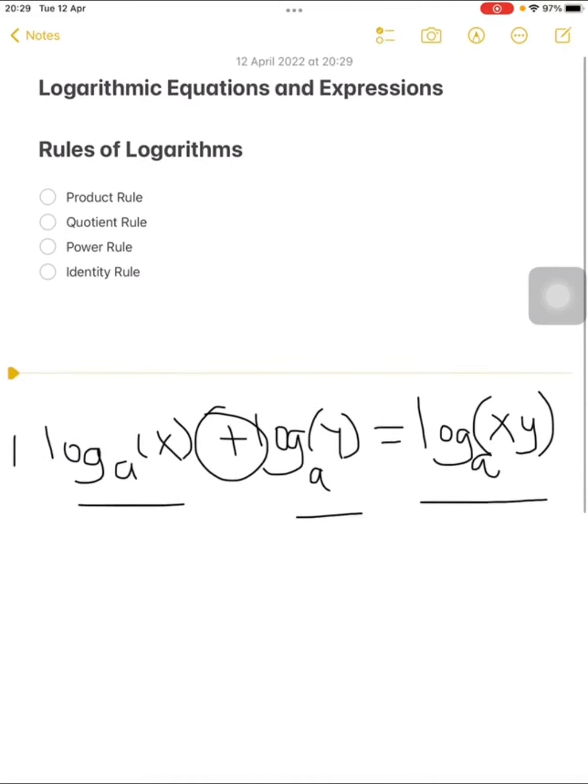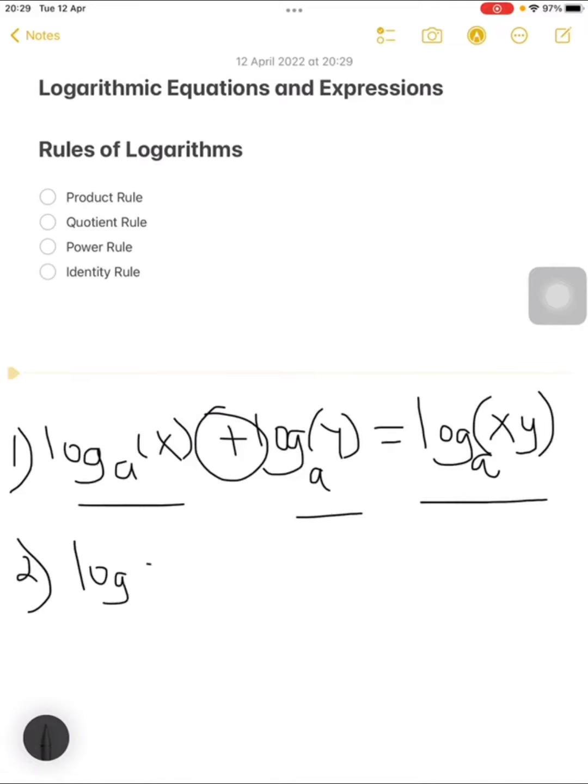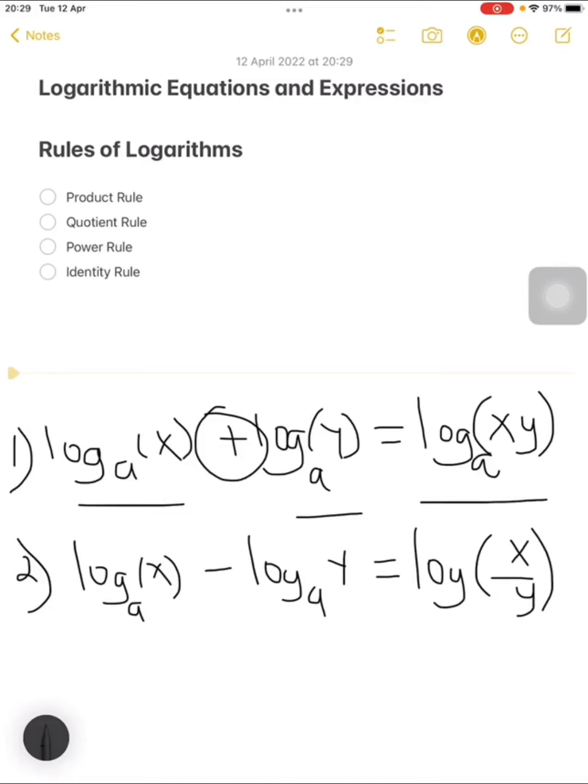Rule number 2 is the quotient rule. Quotient means division. So when you have log x base a minus log y base a, this is the same as log x divided by y base a.